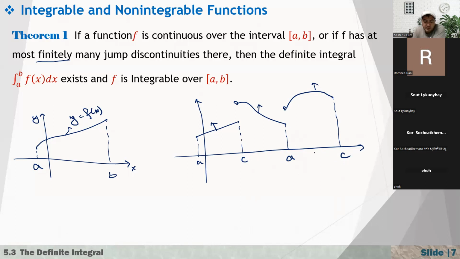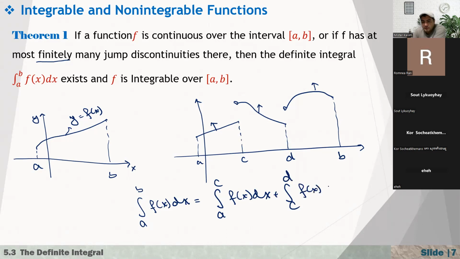Still, I can integrate this, because soon we are going to see its property. The integral of this function from a to b, this should be b, not c, of f of x dx, I can split: the integral from a to c of f of x dx, plus the integral from c to d of f of x dx, plus the integral from d to b of f of x dx.